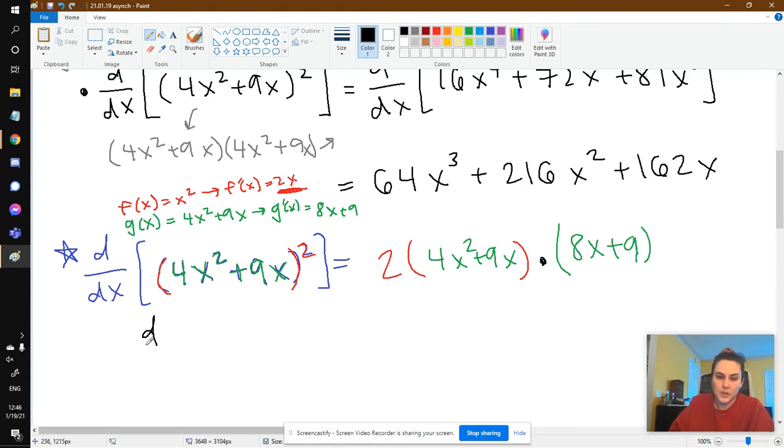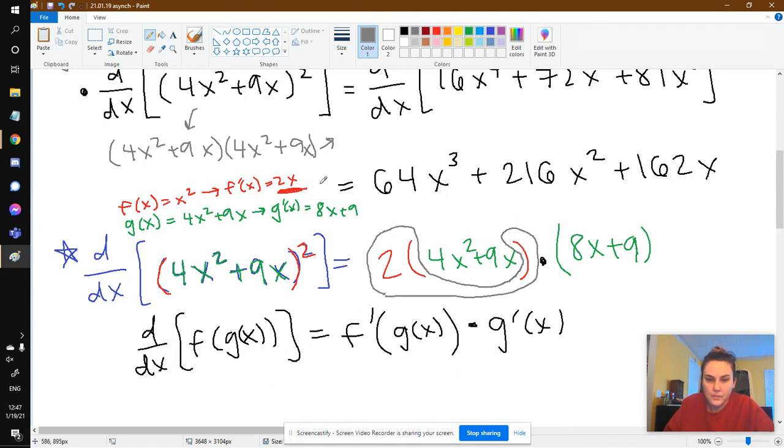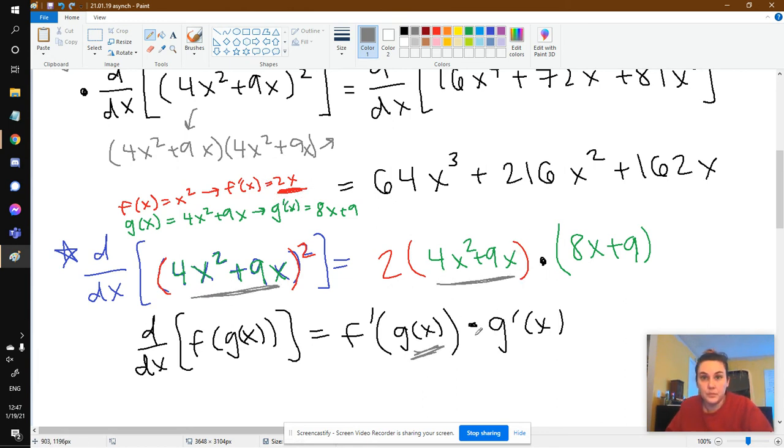So again, our rule said when we do the derivative of f of g of x, which is what we have here, we do f prime of g of x times g prime of x. And just to be clear, the f prime is this part, that's the 2x. Rewriting g, we just rewrote it. And then we multiplied times the derivative of g.